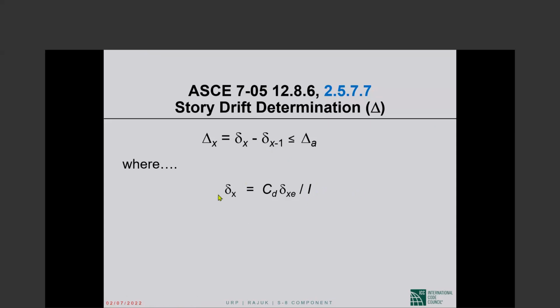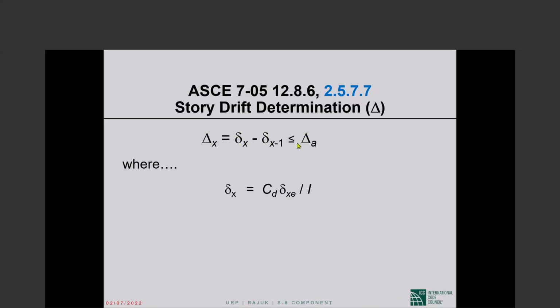That delta sub x at the top of a story minus the same delta sub x at the bottom of the same story is the interstory drift. So this is delta sub x at the top of a story minus delta sub x at the bottom of the same story. That is delta, the interstory drift in story x.